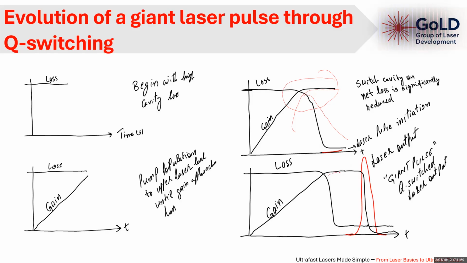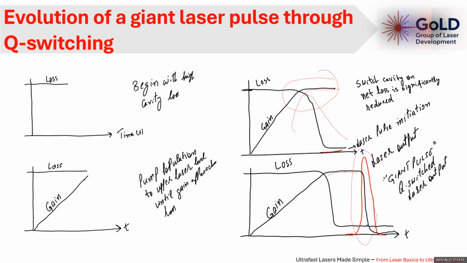This gain causes the huge pulse at the output when the Q switch is opened. The light passes through and we get this huge pulse. Okay, this was in the last lecture as well.